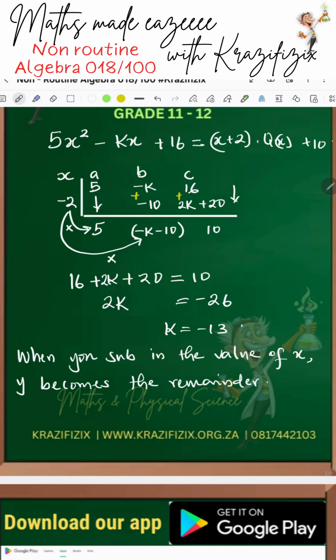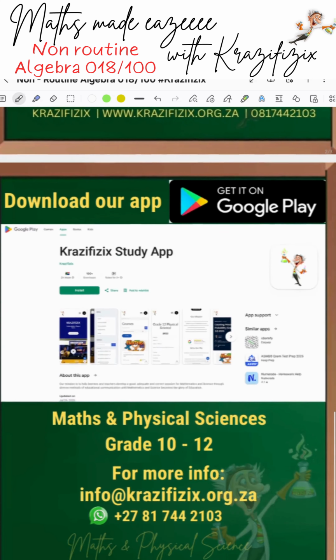So when you substitute the value of x, whatever you get as your remainder becomes your y value. I hope that makes sense. Remember, you must set x plus 2, let's just say, equals to 0. Then you get the value of x. You throw it back into that equation. Whatever you get would be your y value, and in this case, your remainder. I hope this helps you and allows you to see the question.